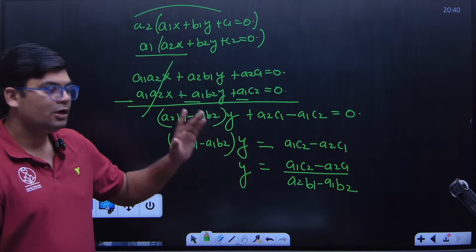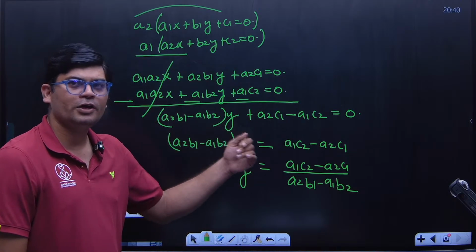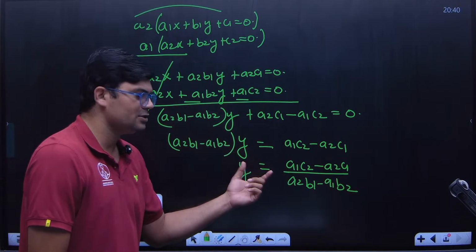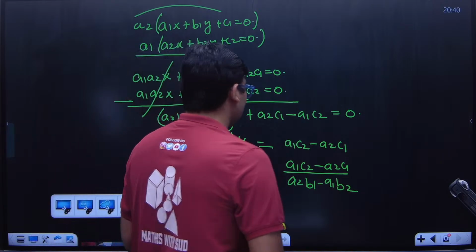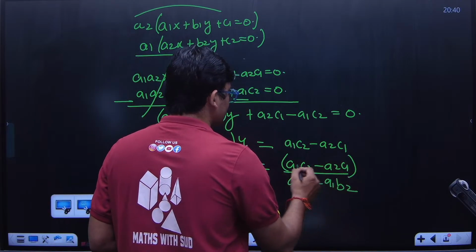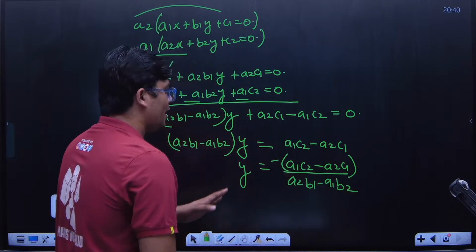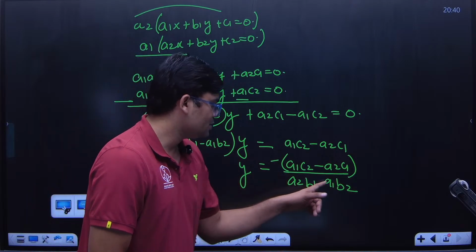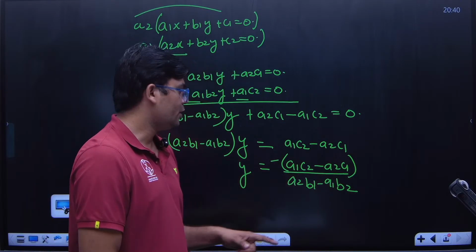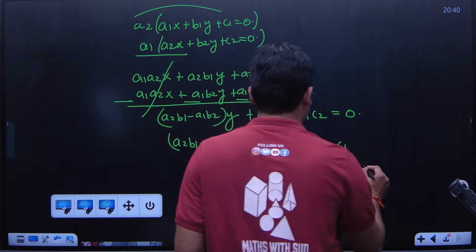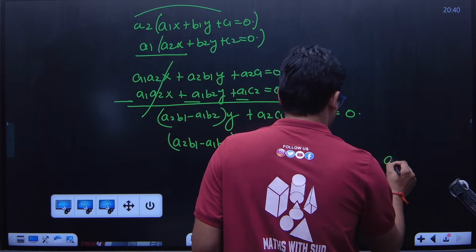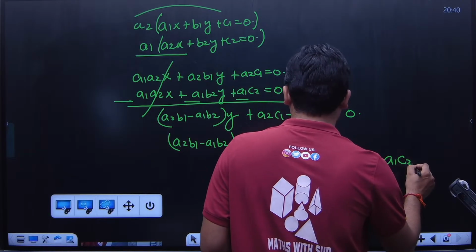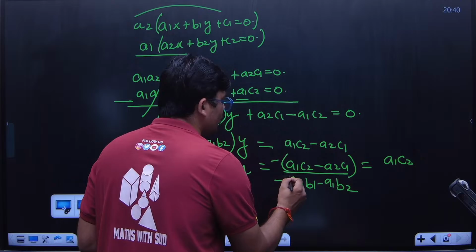Now I am going to multiply by minus 1, just to change one value. I will multiply both the numerator and the denominator by minus 1.